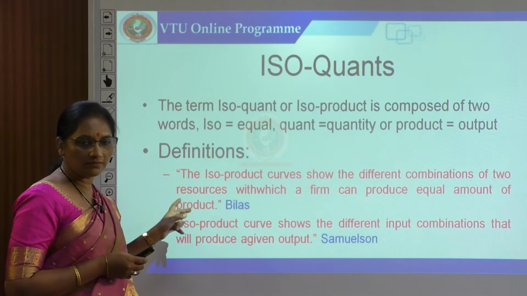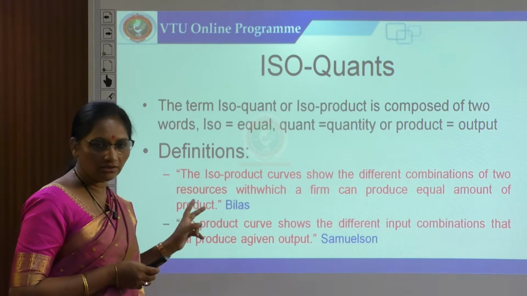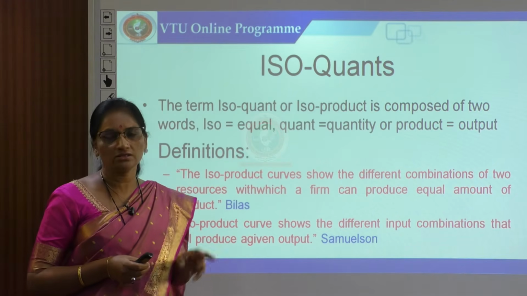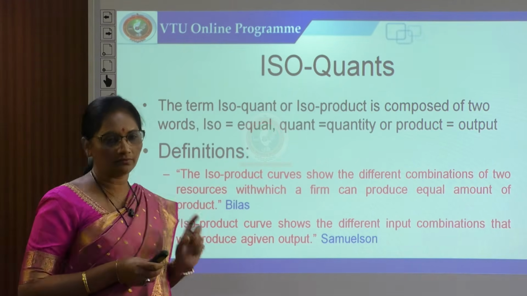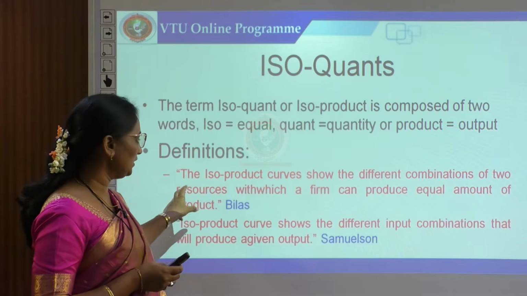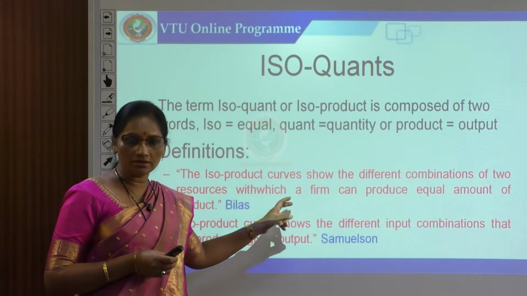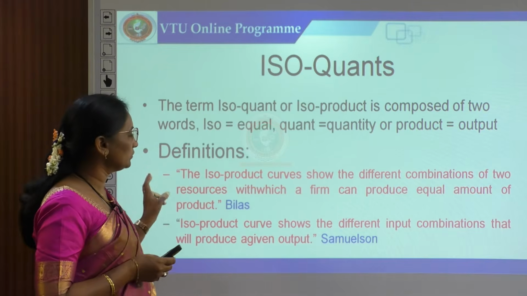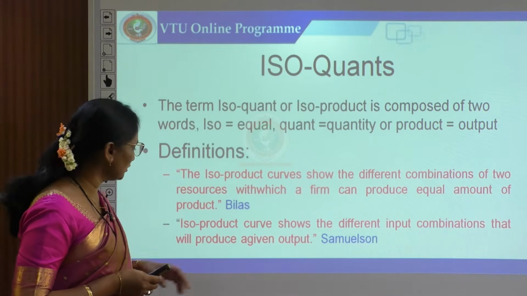Here we need to understand that the factor combinations are different, and all the combinations give the equal amount of the product.